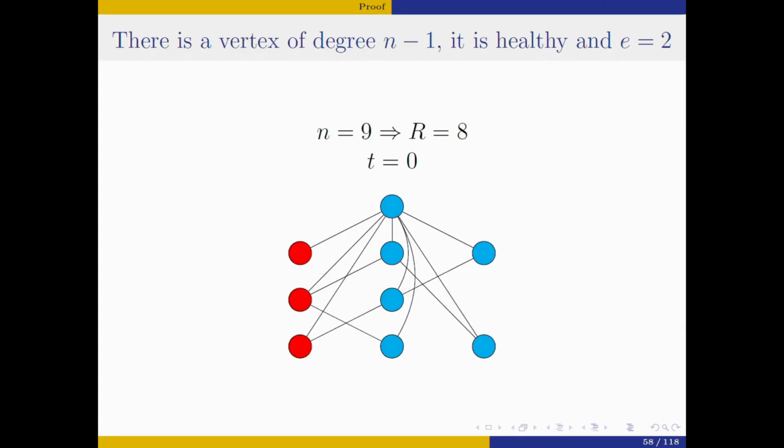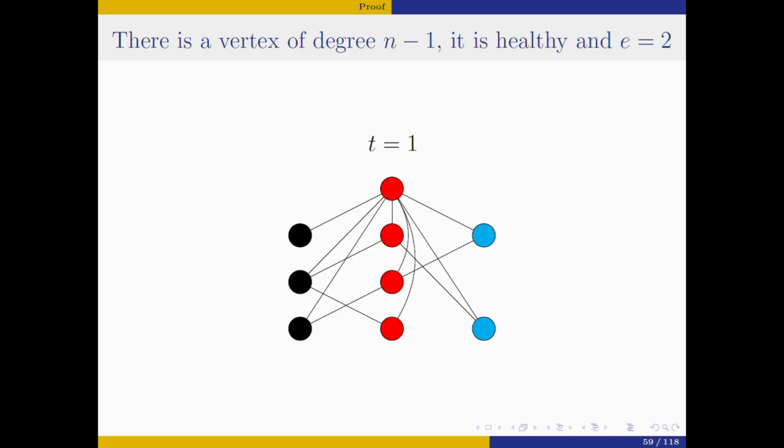In our last case, we have that there is a vertex of degree n-1, it is healthy, and e is greater than 1. We have 9 vertices and r is equal to 8. We can observe again that in this case, as the time progresses, the graph leads to a time when the disease is cured.